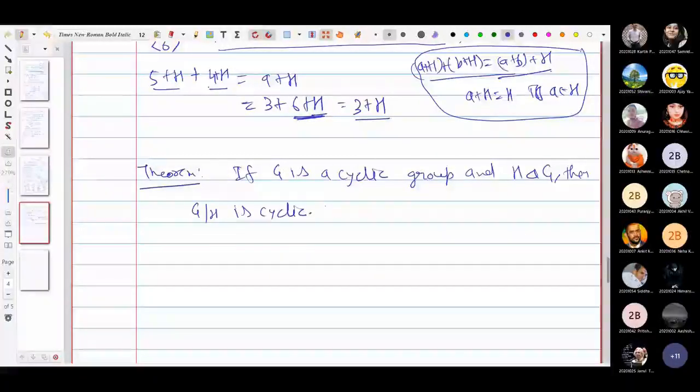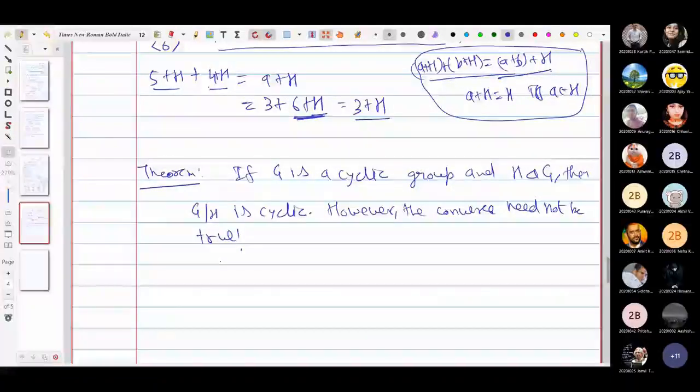However, the converse need not be true. So the converse need not be true. This you can try, or let us see how we can prove this one.